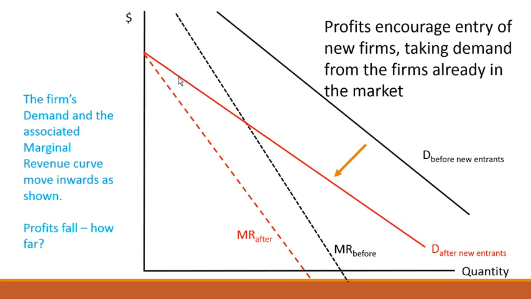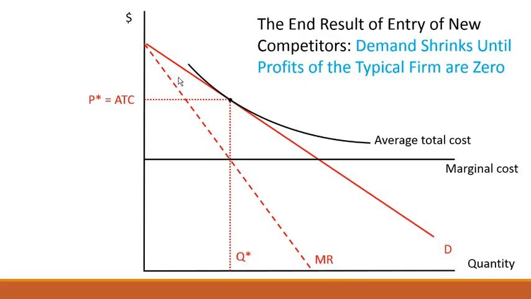Well, if demand declines like this, that's not going to be good for the firm. Its sales are going to decline and its profits are going to go down. How far will profits fall? The logic is pretty straightforward. As long as profits exist, there's going to be an incentive for new firms to enter the industry. That's going to mean that the typical firm's demand is going to shrink until profits have disappeared.